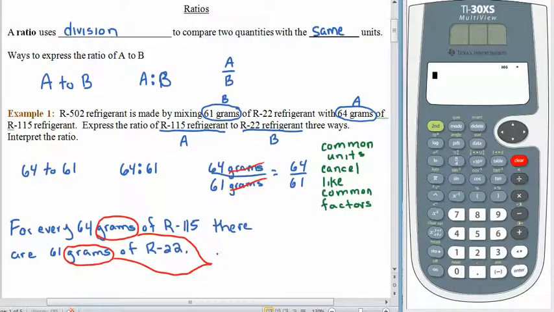So we can swap these out for any other type of unit that also measures weight. And that's kind of nice.